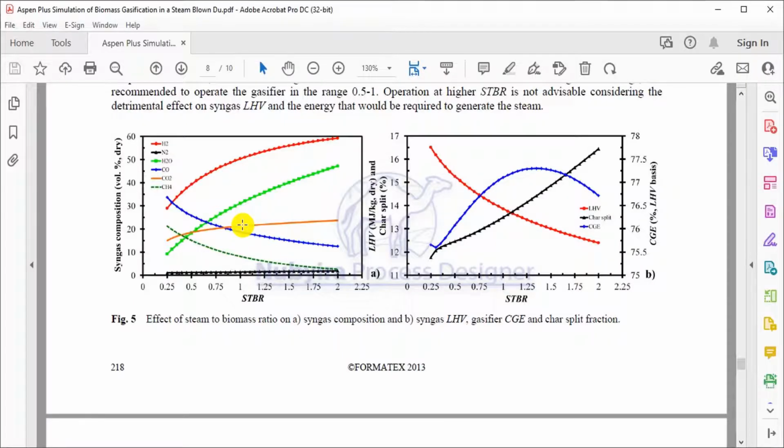I think what we have to maintain is inversely proportional, like trying to stabilize, reduce. CO is blue, it also reduces, while the H2 increases. H2 composition also increases.